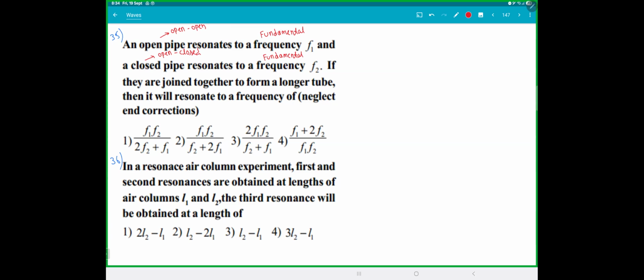Second, let me help you with one. See, an open pipe resonates with a fundamental frequency F1. Like you keep saying, if you know your formulas, you will be able to handle most of it. Just draw a small picture for convenience. So let the length be L1. Frequency will be V by 2L1.